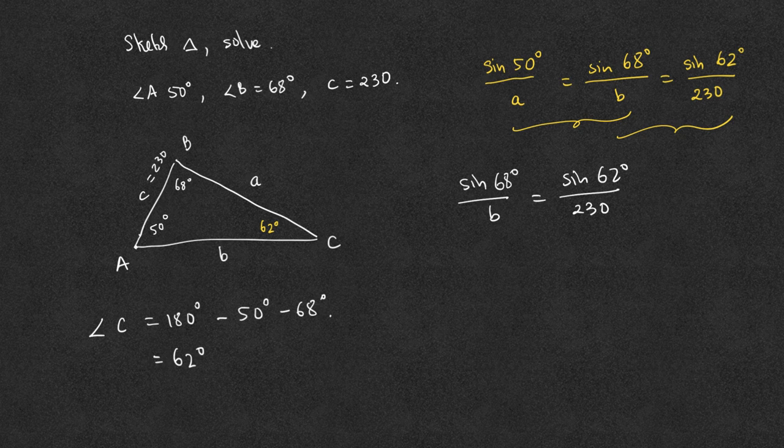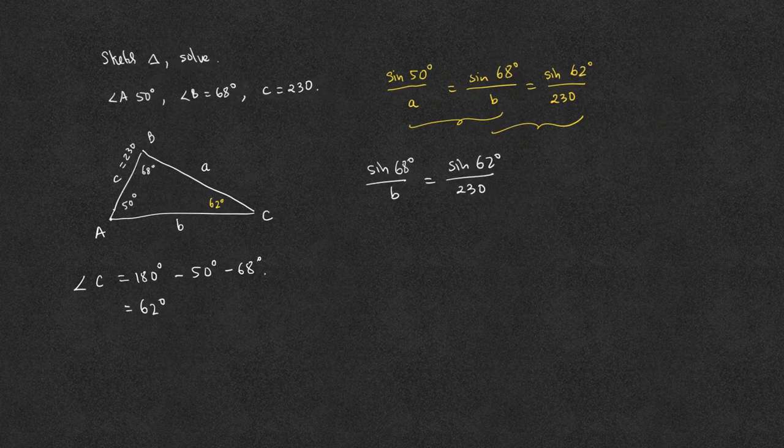There is only one unknown in this case, and we can isolate it by cross multiplying. And so b is 230 times sine of 68 degrees, where we cross multiplying the known, divided by sine of 62 degrees.